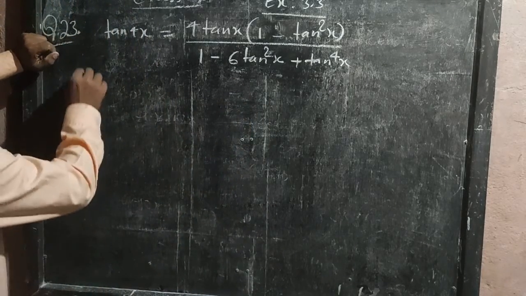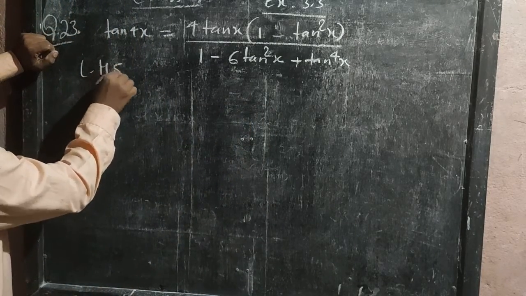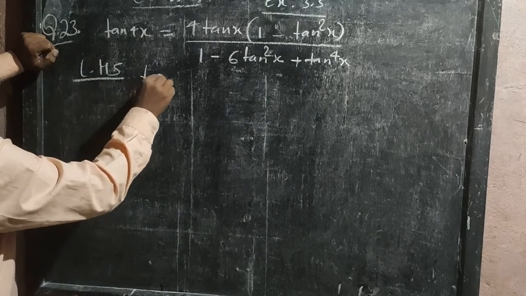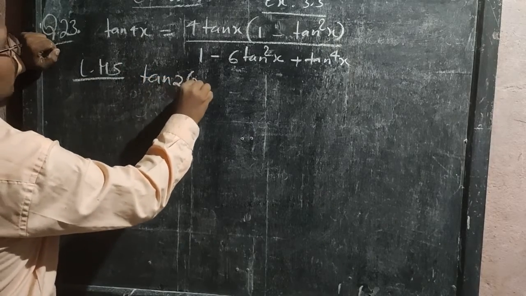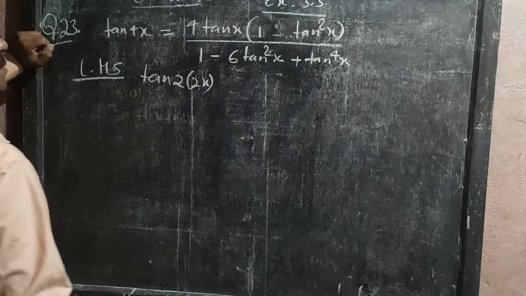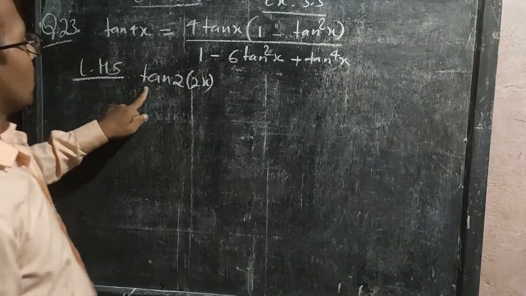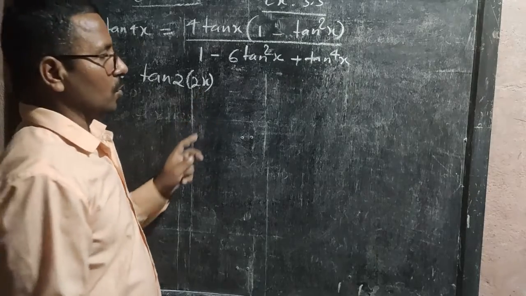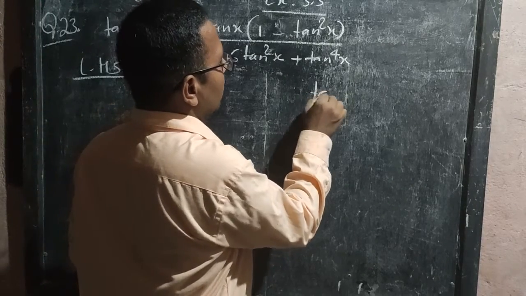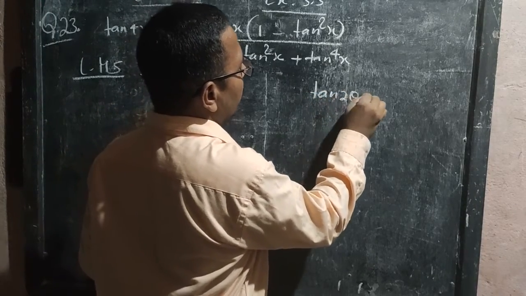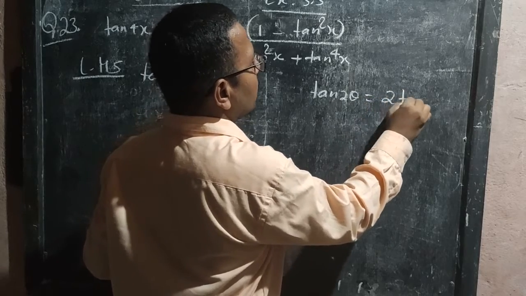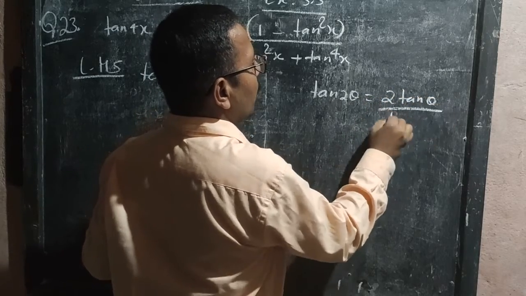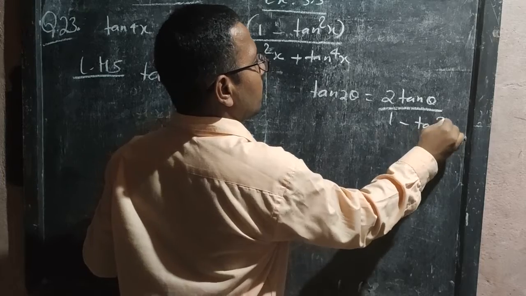So we will take the LHS side, students. The LHS is given as tan 4x. We can write it as tan 2 into 2x. So the tan 2 theta formula: tan 2 theta is 2 tan theta upon 1 minus tan square theta.